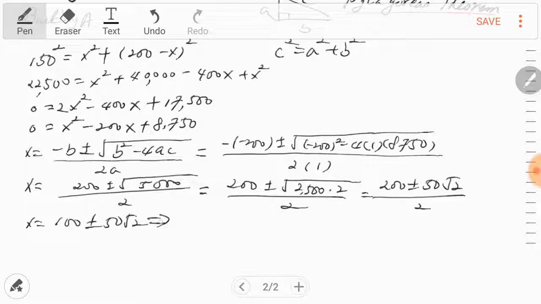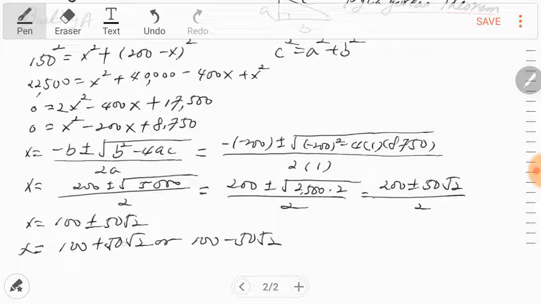So this will give us the numbers. Okay, use the calculator. So one is 100 plus 50 square root of 2, or 100 minus 50 square root of 2 meters.